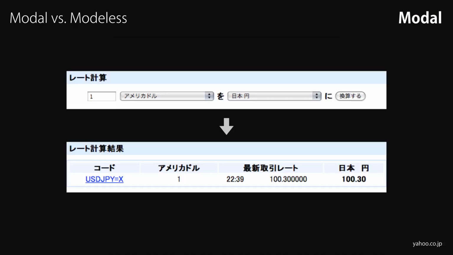This is a currency conversion application from Yahoo. You input some data in a specific order, and at last you need to hit the submit button to get the result. So it's modal.